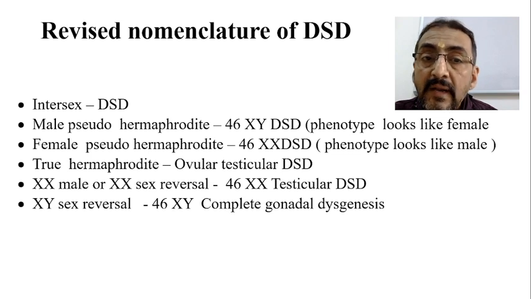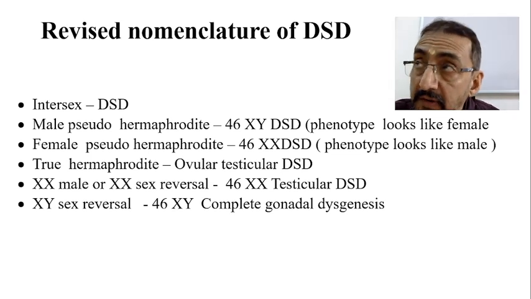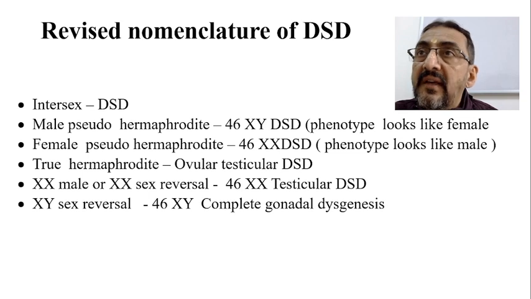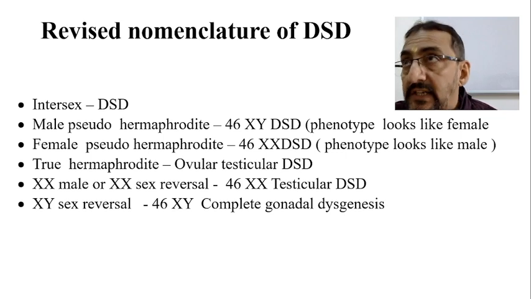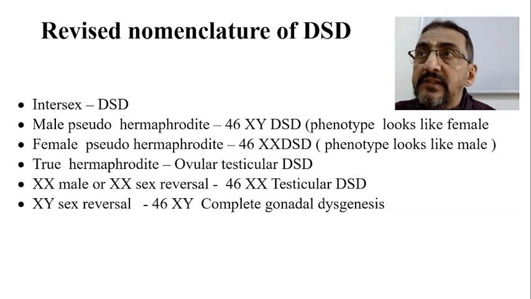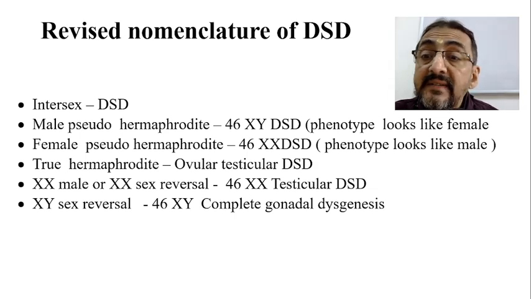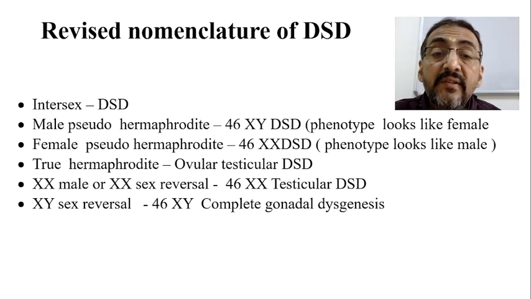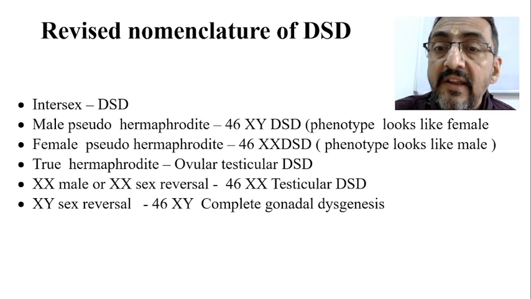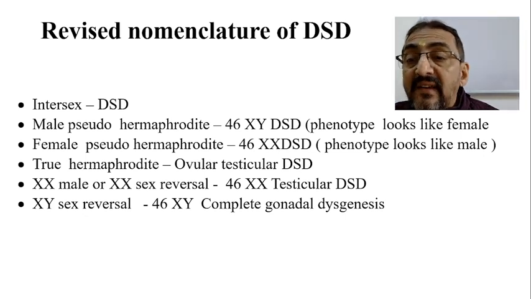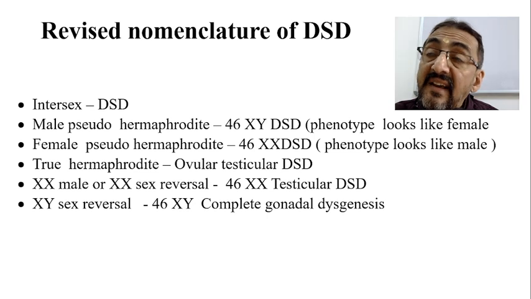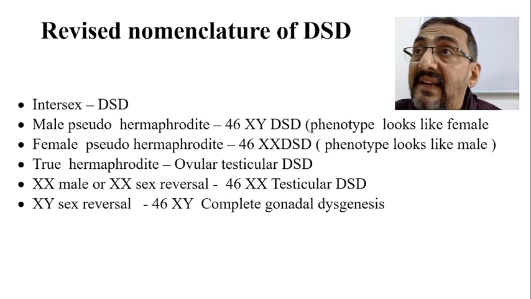Female pseudohermaphrodite is now called 46XX DSD. True hermaphrodite is called ovotesticular DSD. These are the revised nomenclatures. XX male or XX sex reversal is called 46XX testicular DSD. XY sex reversal, that is 46XY, is called complete gonadal dysgenesis.